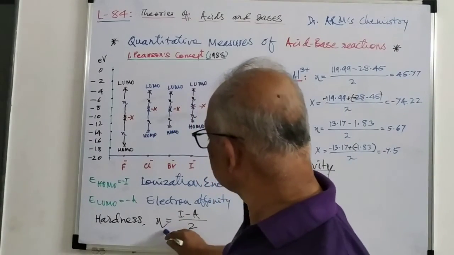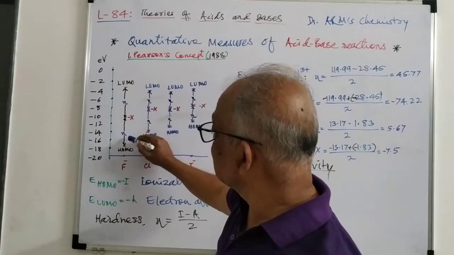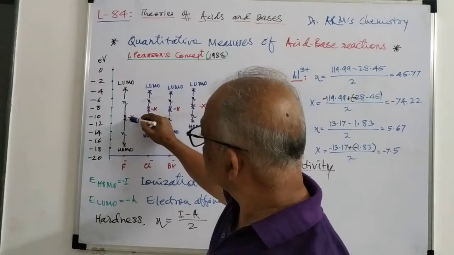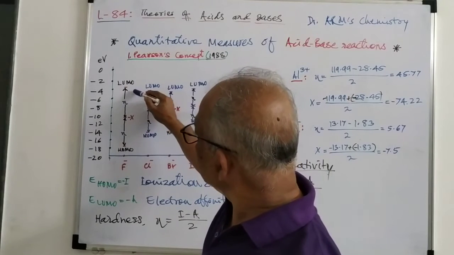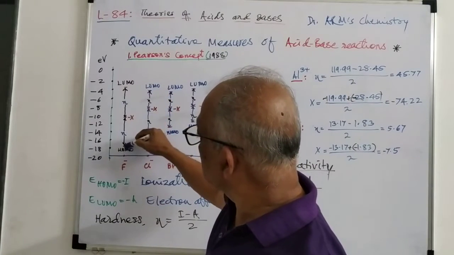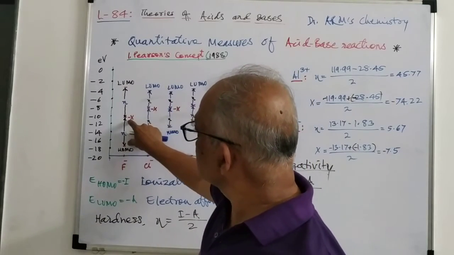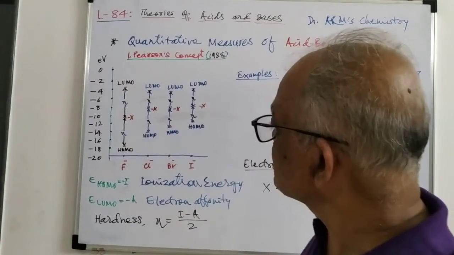According to the definition of hardness, eta is half of the difference between the LUMO and HOMO. We can take either this half or this half, it is the same.